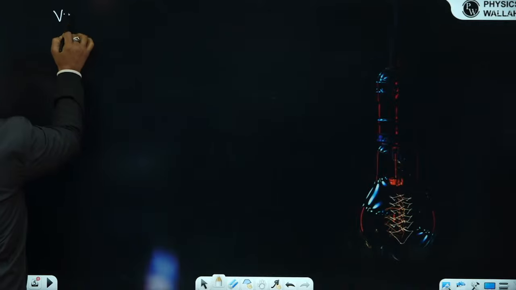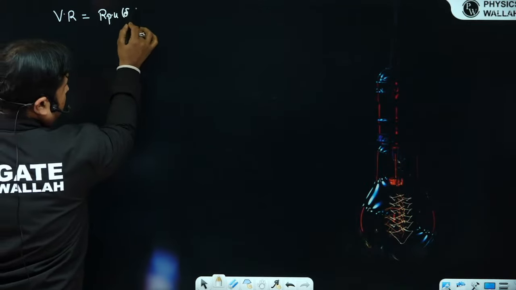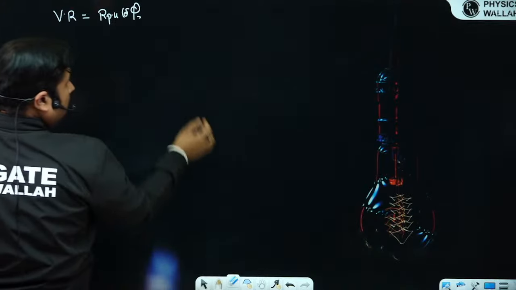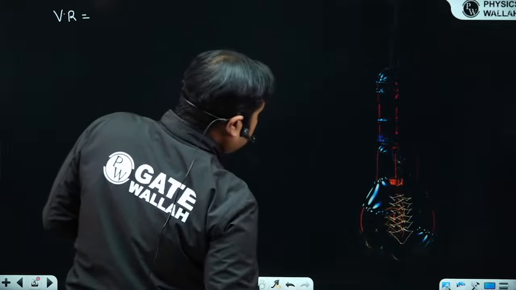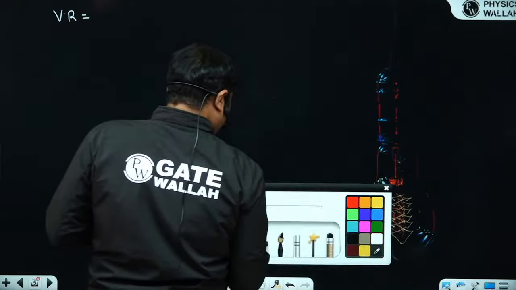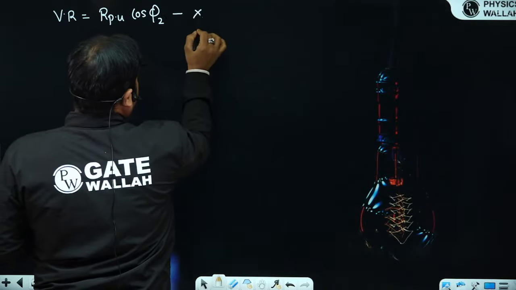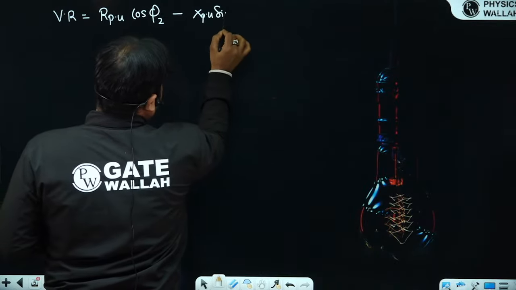Sir, voltage regulation is R per unit cos phi 2 plus or minus X per unit sin phi 2. Plus is for the lagging power factor and minus is for the leading power factor.